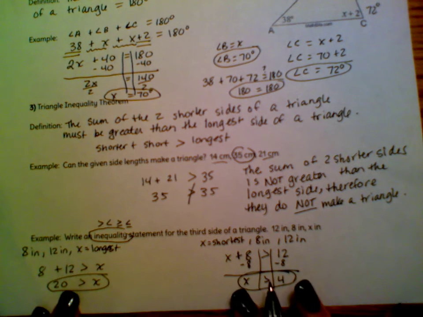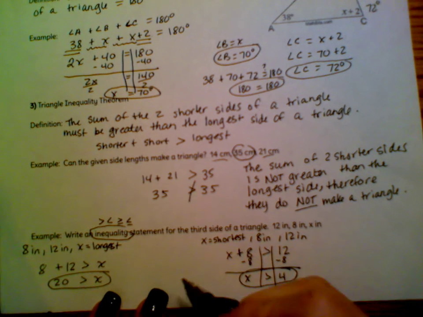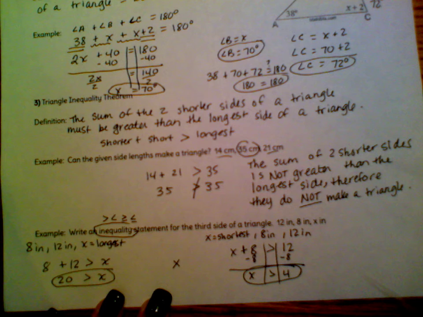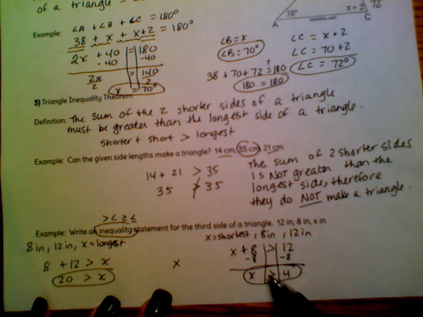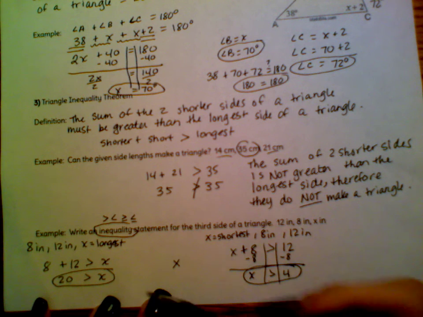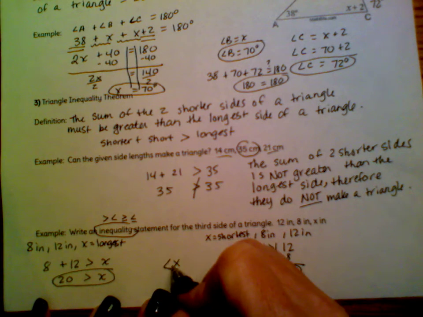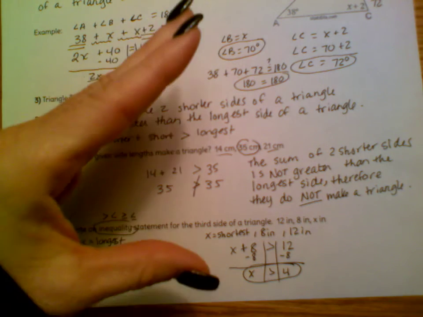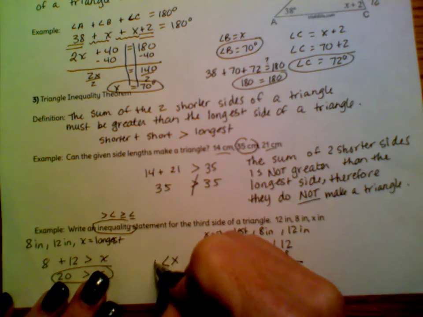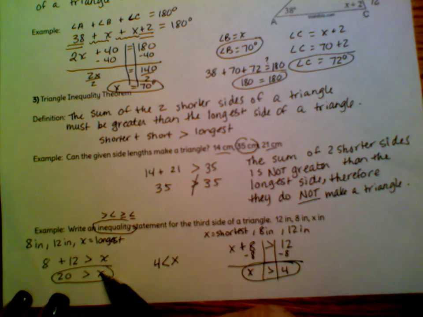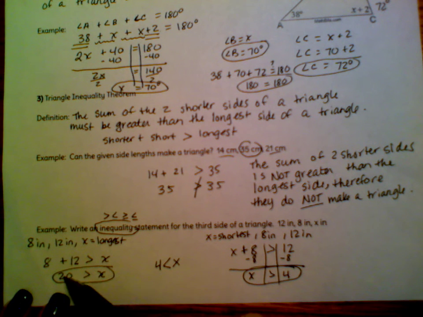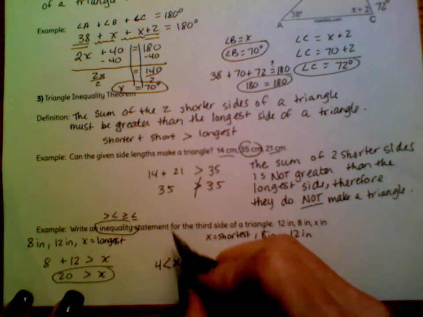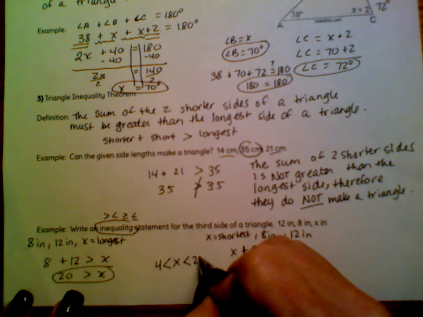I can write this all together. Here's how I'm going to do it. X is going to go in the middle. Now I want to think about what this is telling me. X has to be bigger than 4. X has to be bigger. So the mouth of this always opens to the bigger. So X is bigger than 4. Over here, X is not bigger. 20 is bigger than X. X is smaller than 20.